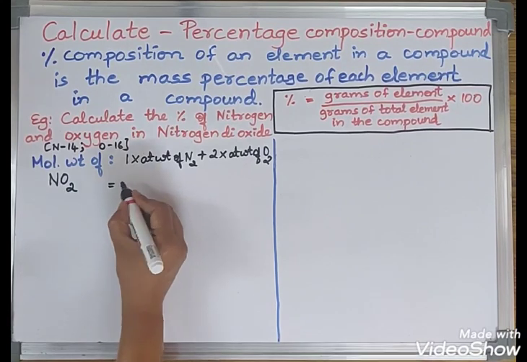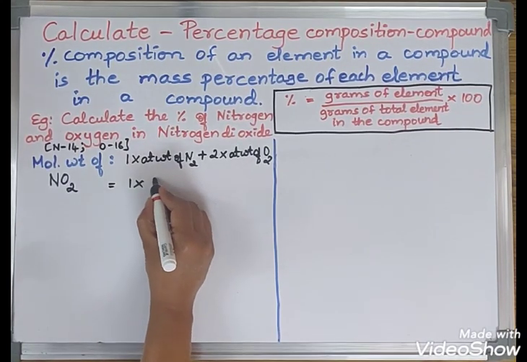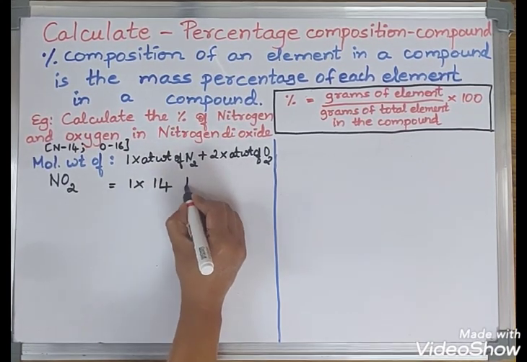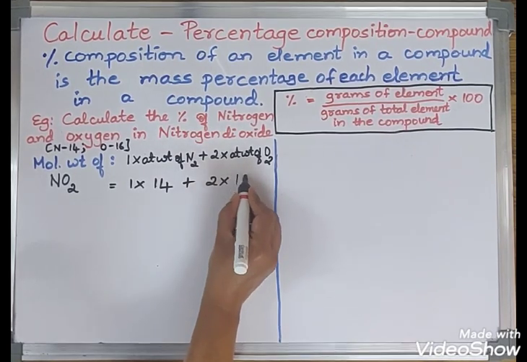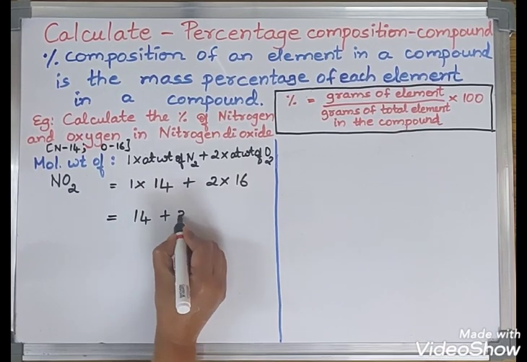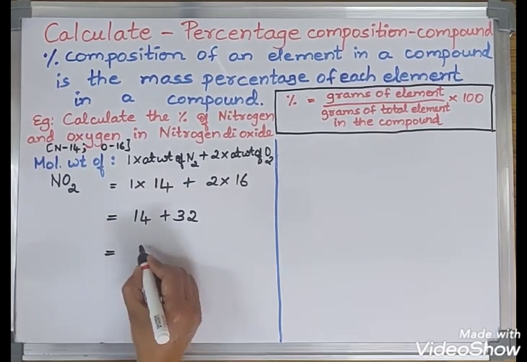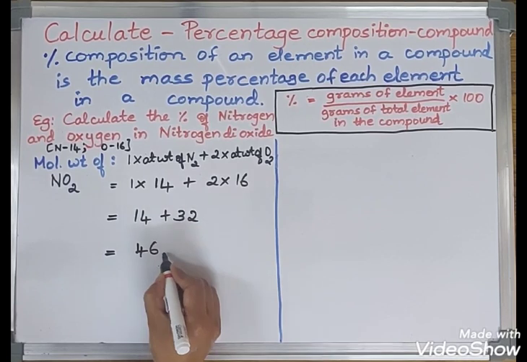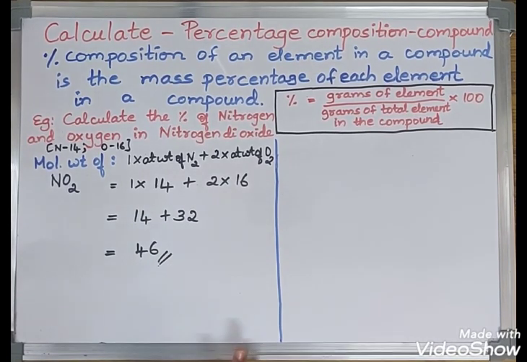That is equal to 1 into 14 plus 2 into 16. So you get 14 plus 32, that will be 46 as the molecular weight of NO2.